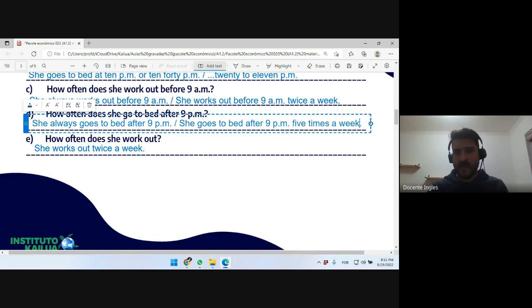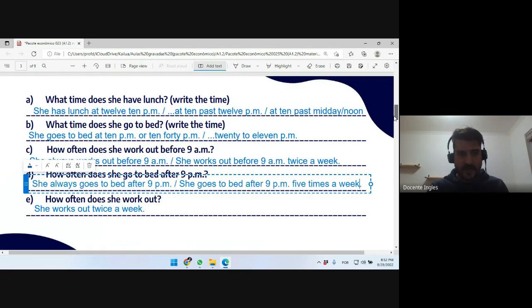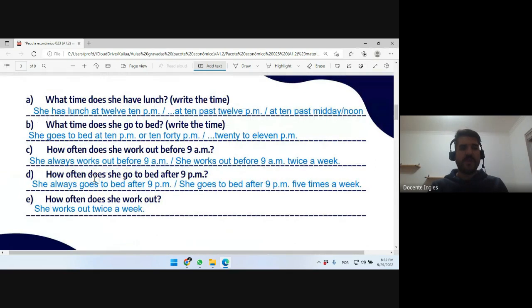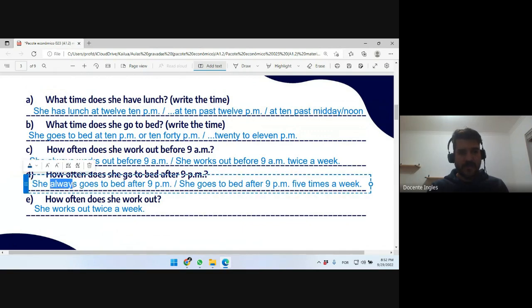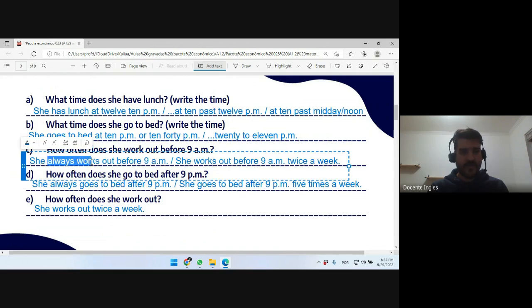Okay, what is very important here? When we use adverbs of frequency, always, never, sometimes, usually, we put them before the verb. So always goes, always works out.